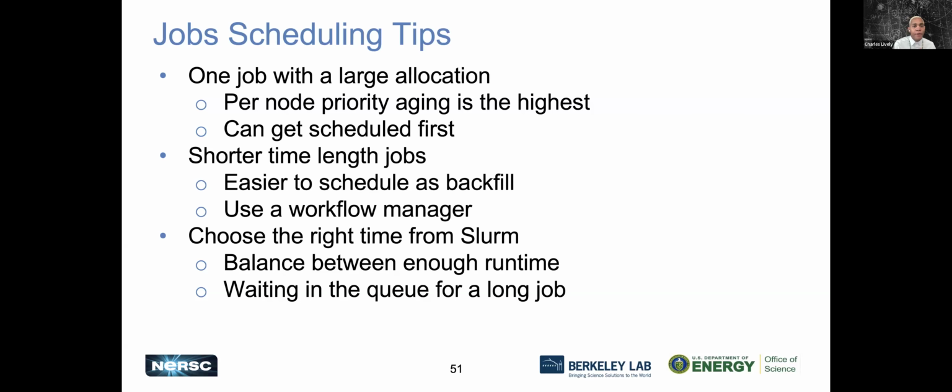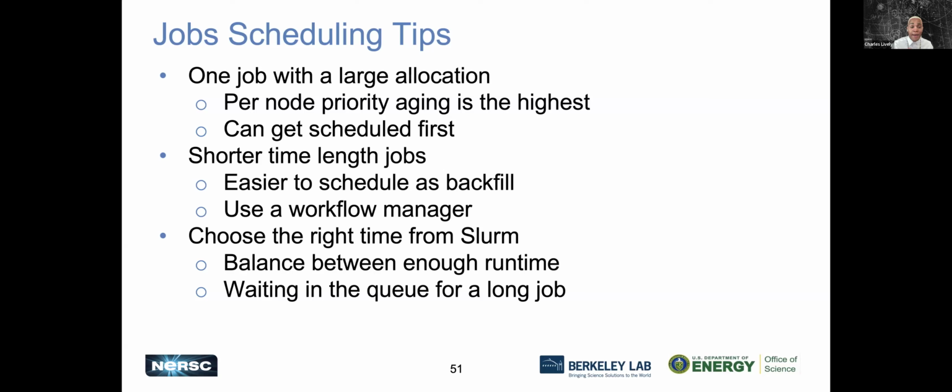So other tips: if you do one job with a large allocation, this is going to give you a per node priority aging, and that's going to be at the highest. And so that can best be scheduled first. If you have shorter time jobs, those can be easier to schedule for backfill.